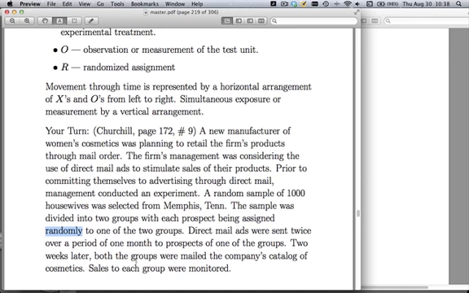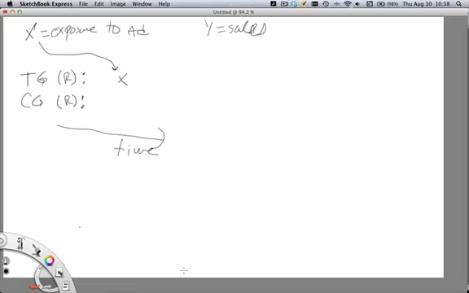So both groups were then mailed the company's catalog and sales were monitored. So we have a measurement on the treatment group and a measurement on the control group. Let's call that O2. So the effect of the treatment then is just going to be O1 minus O2.